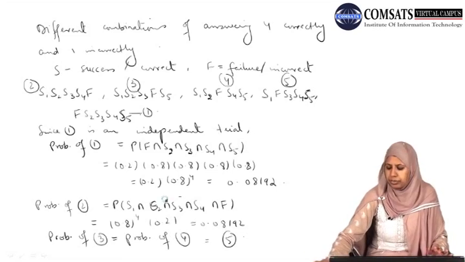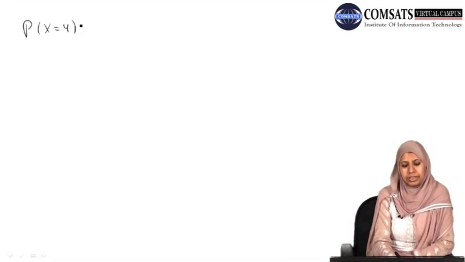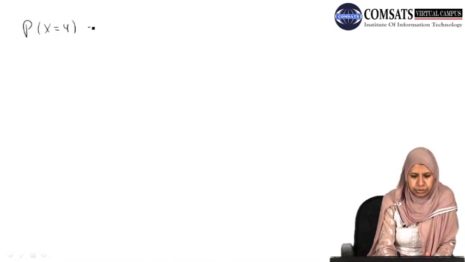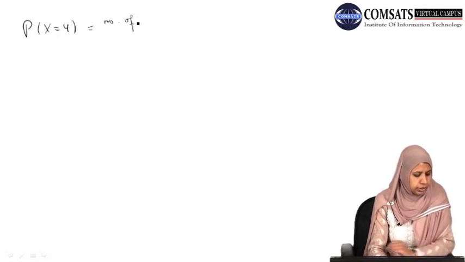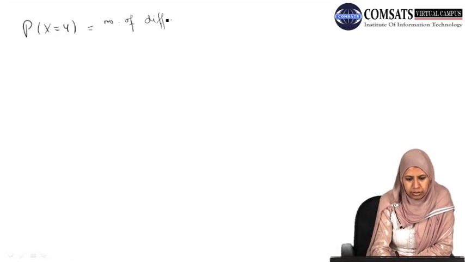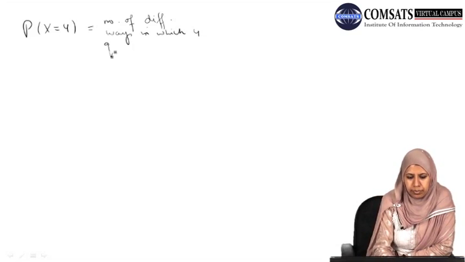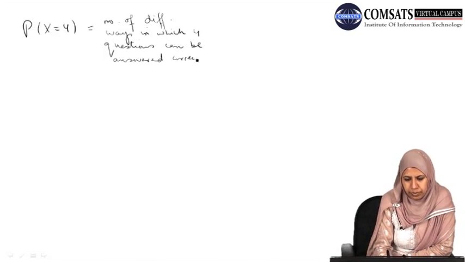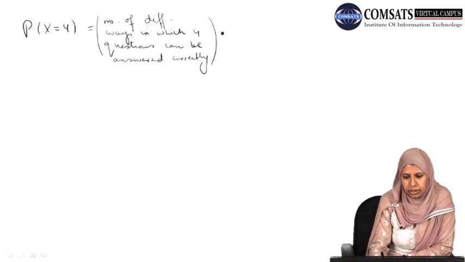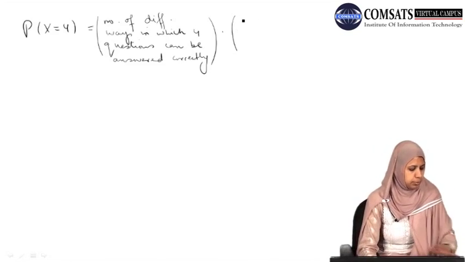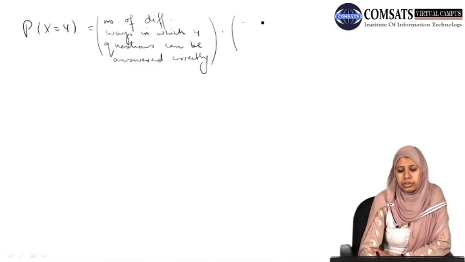So the probability of the random variable when we have exactly 4 answers correct will be equal to the number of different ways in which 4 questions can be answered correctly, into the probability of answering 4 out of 5 questions correctly.